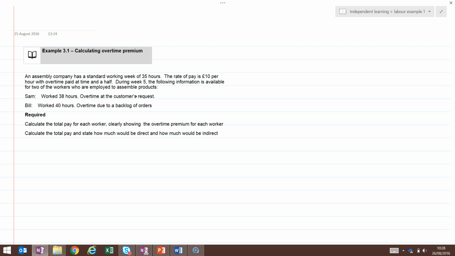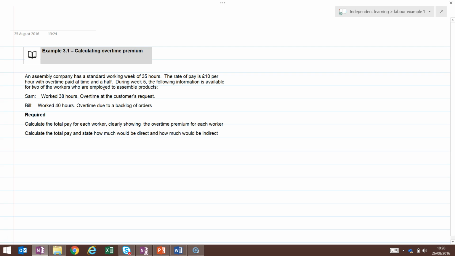So if we just clarify overtime premium, that is the additional amount that you are paying your employees in order to encourage them to work overtime. In this example, the rate of pay is £10 and overtime is paid at time and a half, so that would be £15.